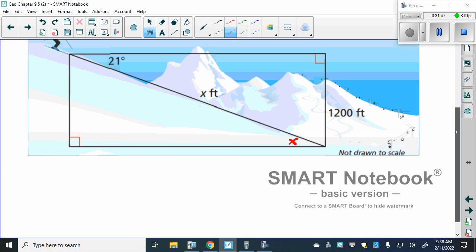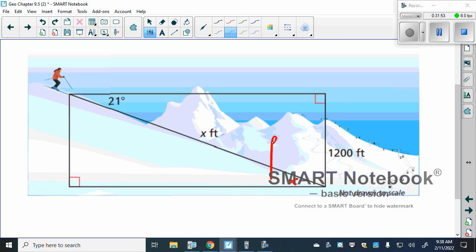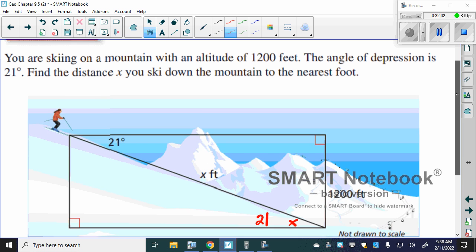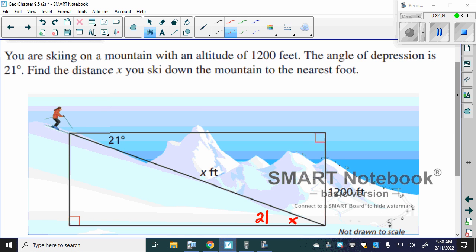Because looking up is the angle of elevation, looking down is the angle of depression, and what works out interestingly enough is that the angle of depression and angle of elevation are congruent. They're actually going to be the same because these lines here are parallel to each other.